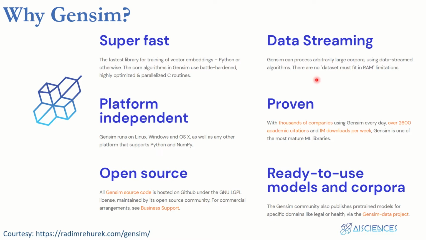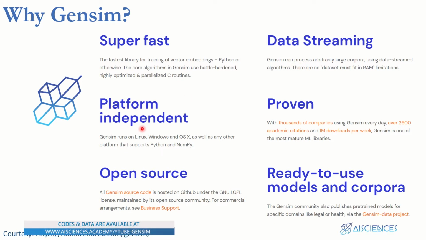It just streams the data whenever it requires it, picks it and loads it into the RAM, and after that it throws it away. That makes it super cool for very large data sets, because you do not need all the data to fit in the RAM every time. Large corpora can be streamed, even in parallel, and it works really well on large data sets without any problem.